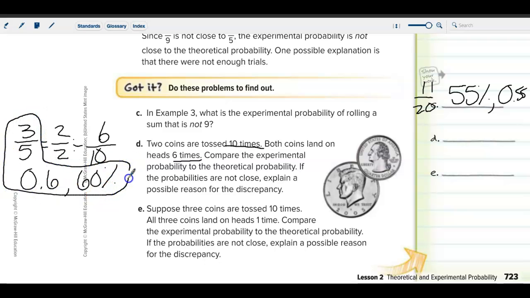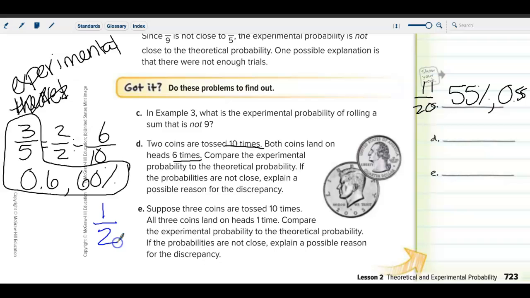So again, that is our theoretical. Or no, sorry, that is our experimental, because it's what we actually did. Now, if we're talking about our theoretical, we only have 1 out of 2 options that are heads. So this as a decimal is 5/10, which is the same as 50%. Okay, our question asks us to compare them.